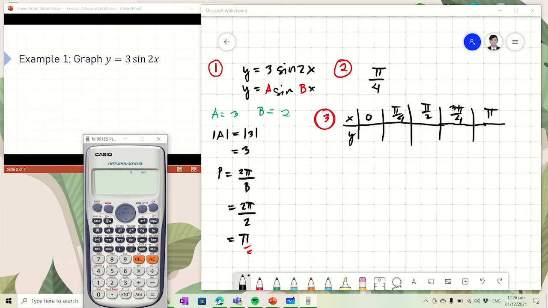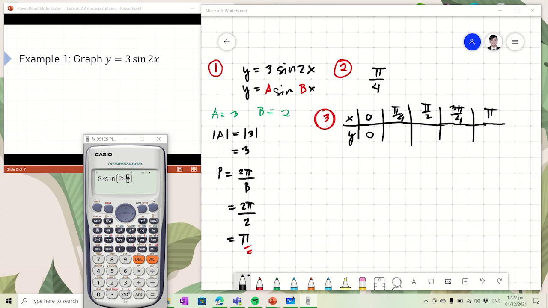So let's start from 3 times sine of 0 times x is just 0. So that's a 0. Then you have pi over 4. Same thing, but replace x with pi over 4.